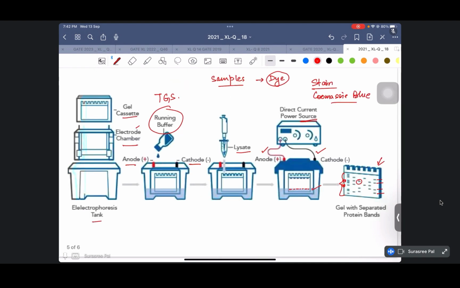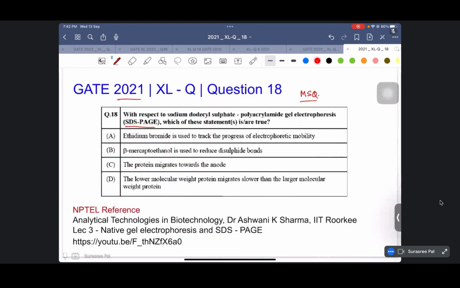Now coming back to the question once more, the question was which of these statements is or are true. The first option was ethidium bromide is used to track the progress of the electrophoretic mobility. Here it is correct, but it is not correct with respect to SDS-PAGE.